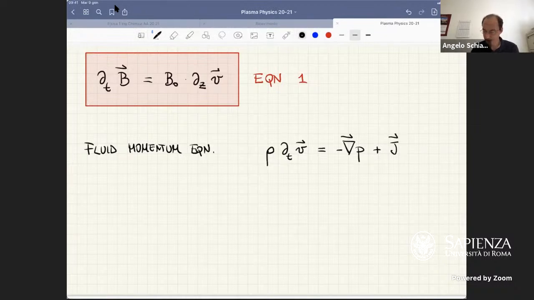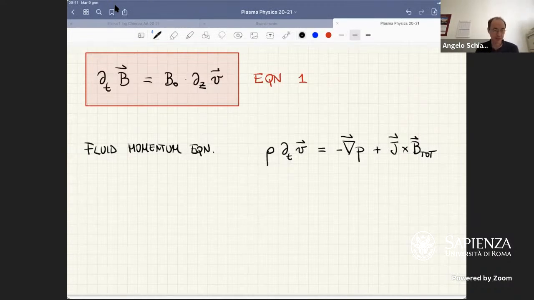And now let's remember that this is B tot, okay? In the dynamical equation, we have to put both the external applied field and the field of the wave. Because not assuming that the B field of the wave is a small perturbation, we have to include that in the dynamics as well. Okay.